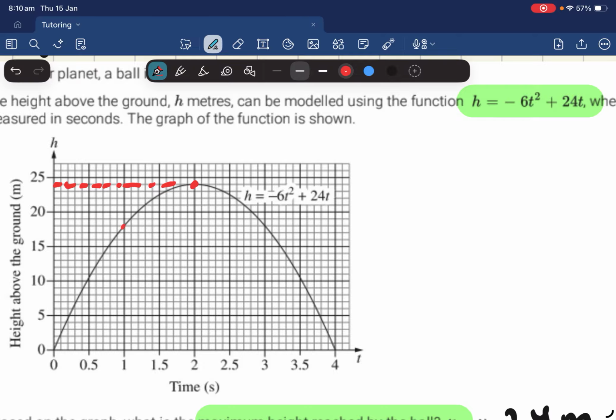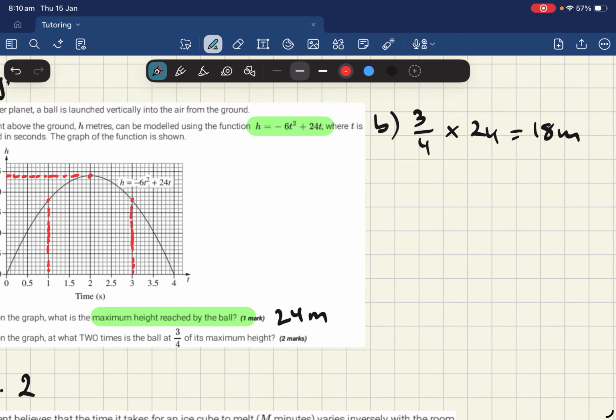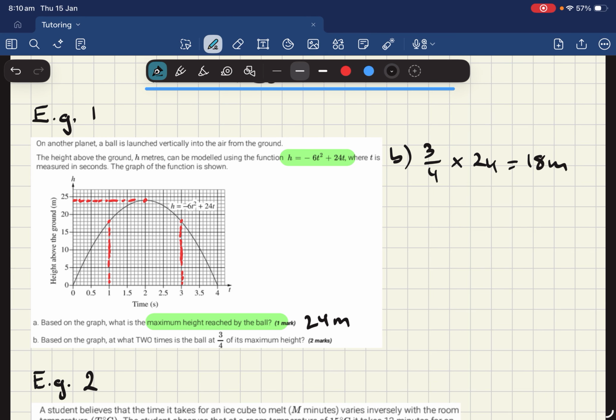That's here, so that will be here, and that will be here as well. And we just need to draw down. So here we can see that this happens at 1 second and 3 seconds. So from the graph, we can read that the ball is at 18 meters when t equals 1 and 3 seconds. Okay, next one.